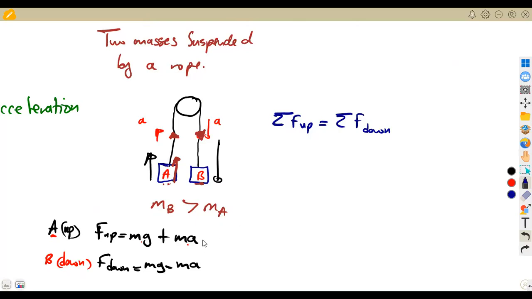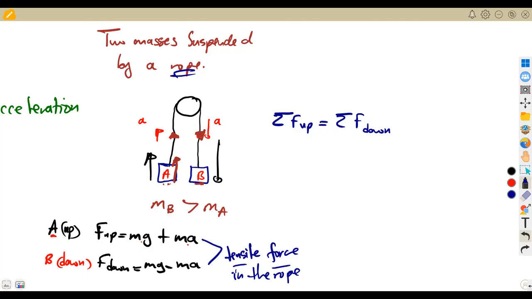When they ask you about the tensile force in the rope, it can be found from these two. It can be F up or F down, because at the same time we are saying they must be equal for it to balance. So here we are representing the tensile force in the rope, or in the string that we are given. A rope or a string is one and the same thing.